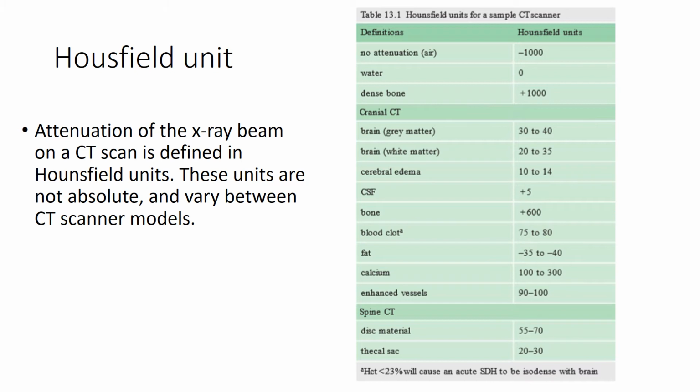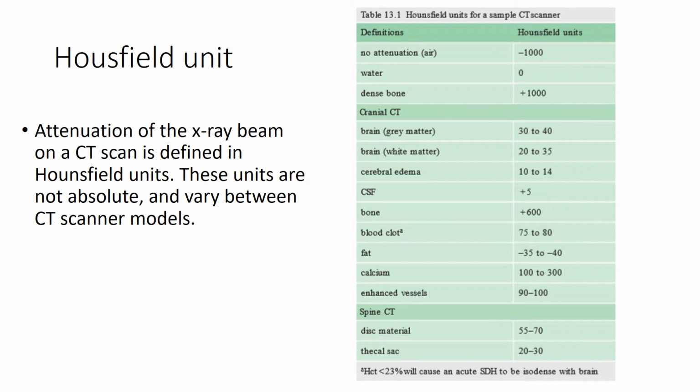So for a dense structure that you are scanning, for example bone, it will not allow the X-rays to go through it, it will reflect the X-rays of the CT scan, and this will make the bone appear white on CT scan. We will discuss this more later in this lecture.